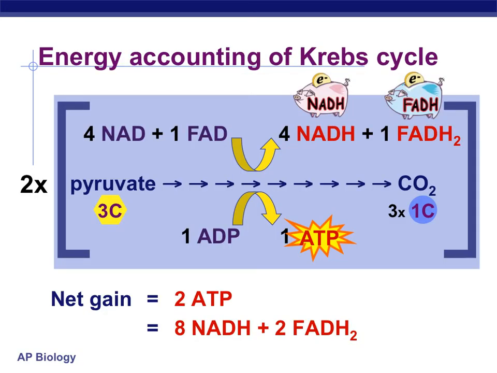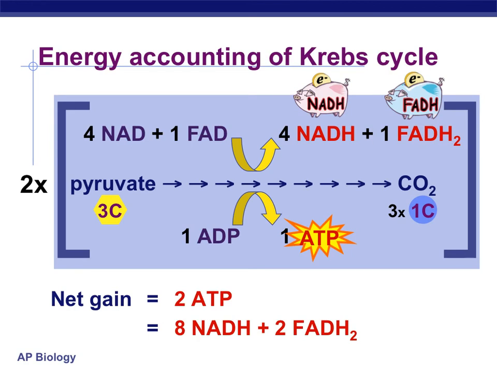So let's review our energy accounting so far. Remember that this happens twice, what we're talking about now, because there were two pyruvate molecules. We had a couple of reductions to these electron carriers. There was one of these when we oxidized the pyruvate to acetyl-CoA, and then there were 3 of these in the Krebs cycle, for a total of 4, and there was also a reduction of FAD to FADH2, so there's another one.